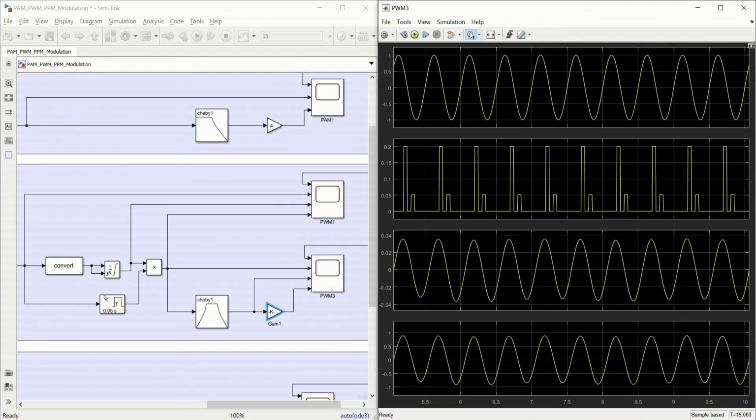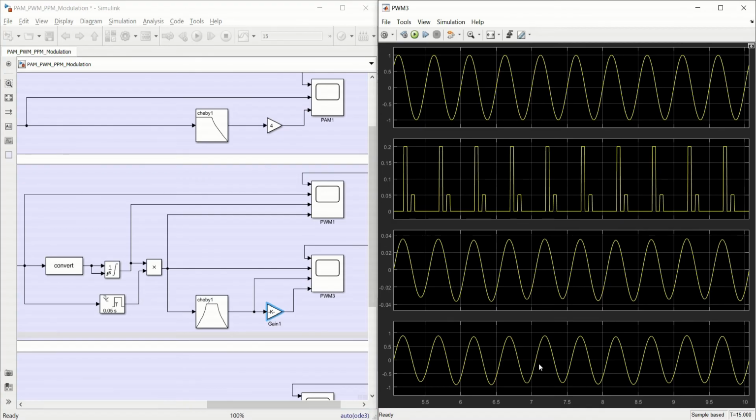Note that the transmitted message signal over here and the received message signal is almost similar. However, there is a slight delay in the received signal, and that delay is coming from this Chebyshev filter. That is, it is an inherent property of the filter. So this is our demodulated PWM signal.